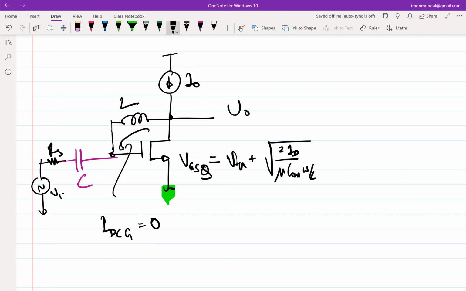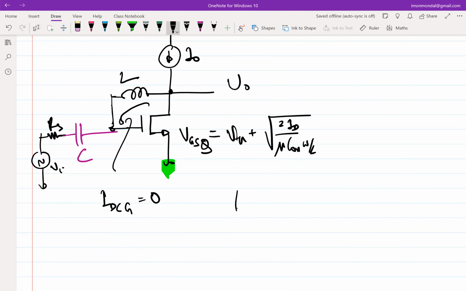So now under the incremental, if I do an incremental picture of this, what does it look like? You have Vi, you have RS, and then what? So this is the gate VG.